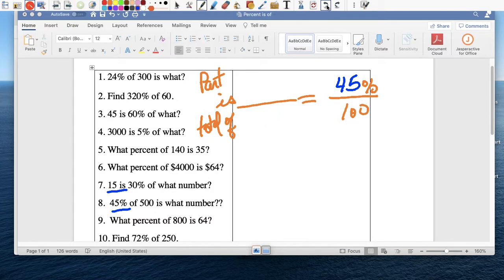Number 9, what percent, so again, percent queda vacío, of 800, lo ponemos aquí abajo, is 64. Well, how does 800 become 100? Divide by 8. So aquí también, divide by 8. 64 divided by 8 is 8. That's 8%.